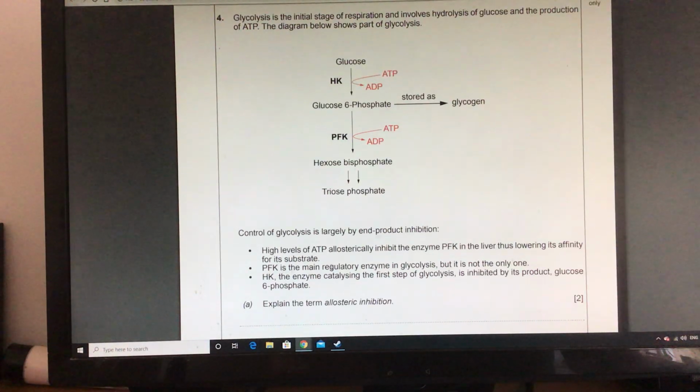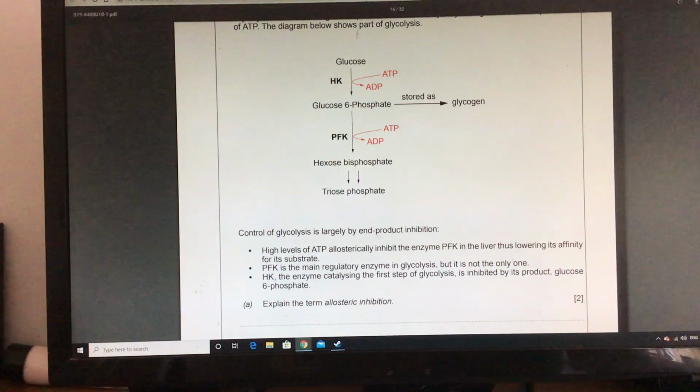It's the main regulatory enzyme, but it's not the only one. Hexokinase is also catalyzing the first step, and it is inhibited by its own product. So it's making glucose 6-phosphate, and then glucose 6-phosphate inhibits the enzyme. It's like I've made something, but that something is still stuck in the active site and I can't let go of it just yet. So it's a follow on and follow on and follow on.